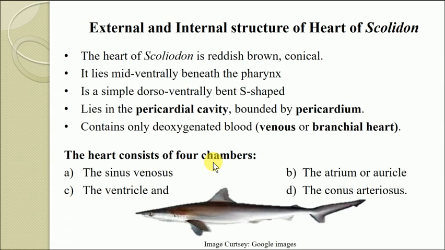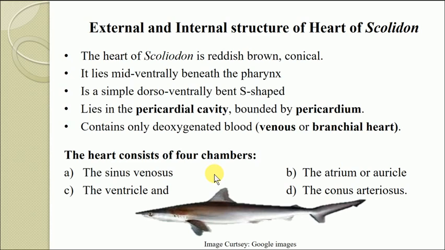Now the heart of scoliodon is reddish brown in color. It is conical and lies mid-ventrally beneath the pharynx in the head region. So the heart of the scoliodon is located at the mid-ventral region in the head part of their body.